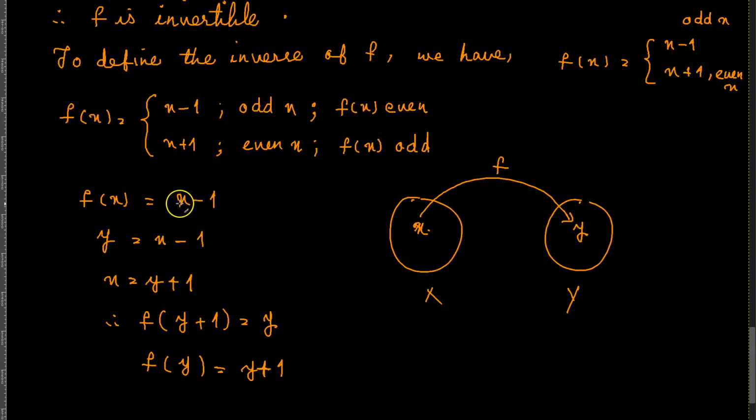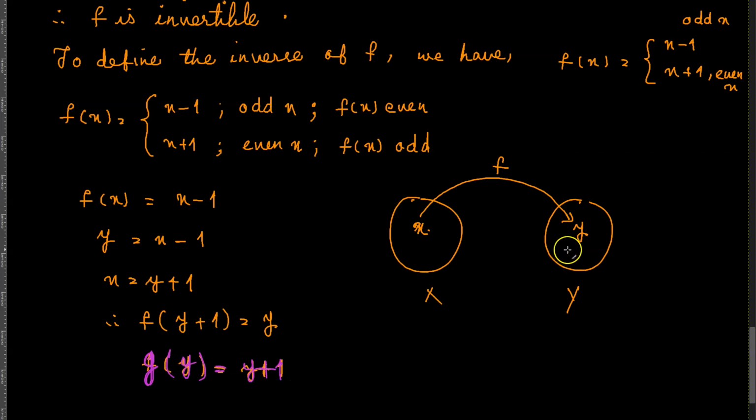Now over here, whatever the value of x, you are subtracting a 1 from it. And if I want to find the inverse of this function, if I denote that by g, for example, g of y is equal to y plus 1.